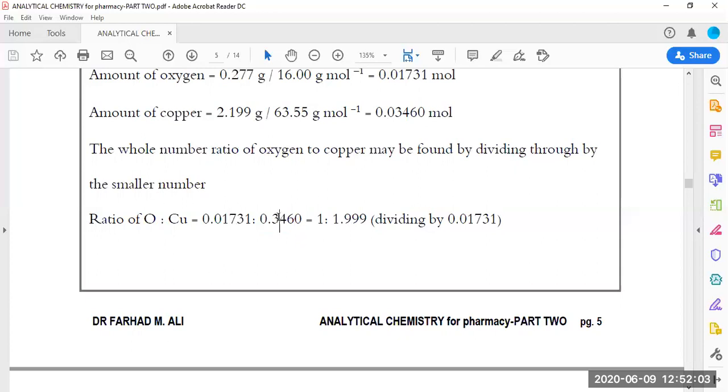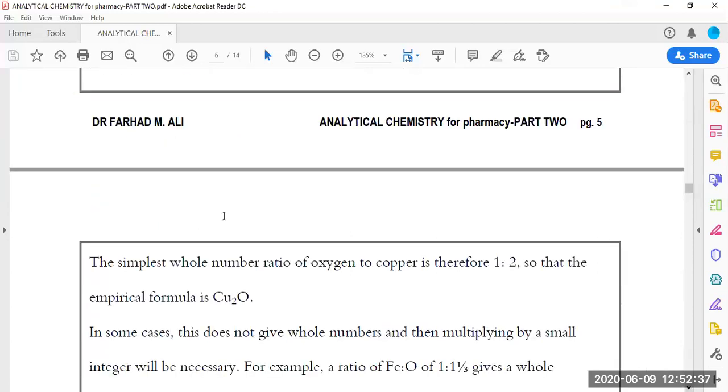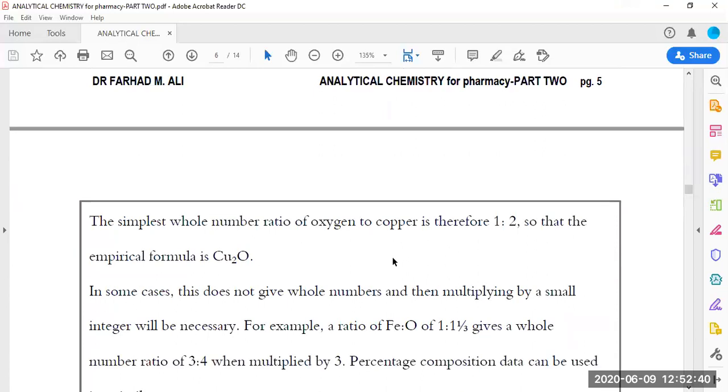Which one is the smallest? This one, of course. So divide this by itself, which gives 1, and divide the other number by this number, which gives something very close to 2. So it looks like we have 1 oxygen to 2 copper. So it's something like Cu2O. We have copper 2 and oxygen 1.